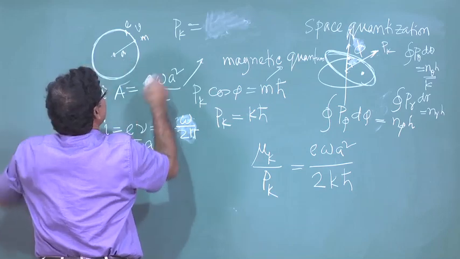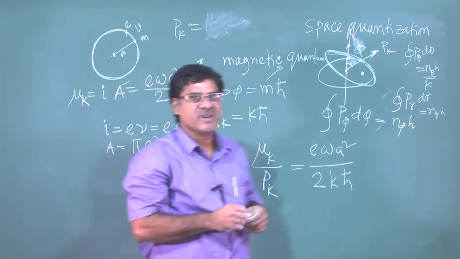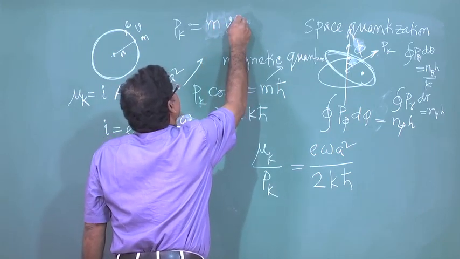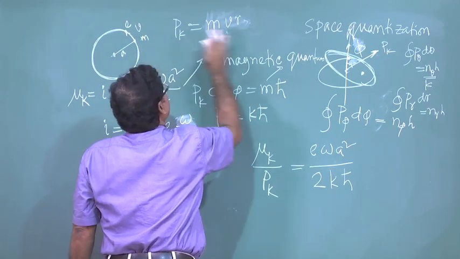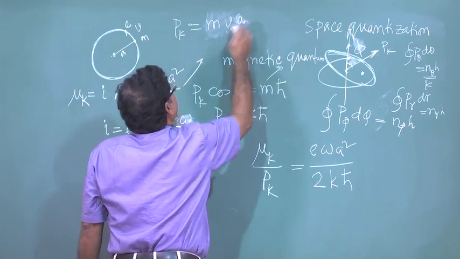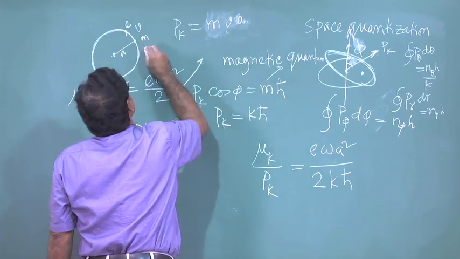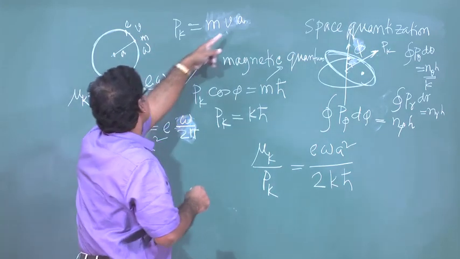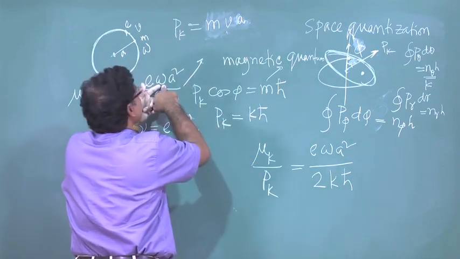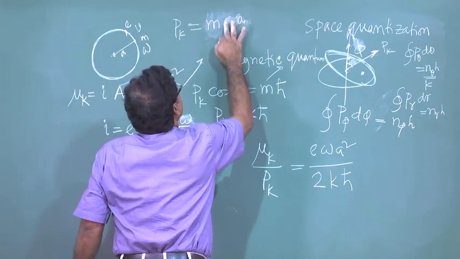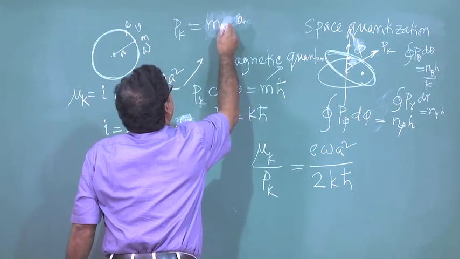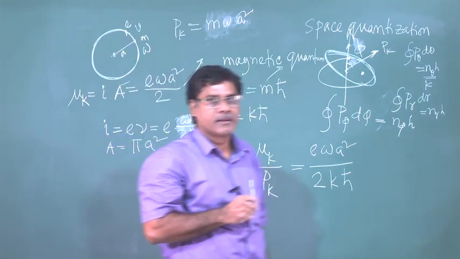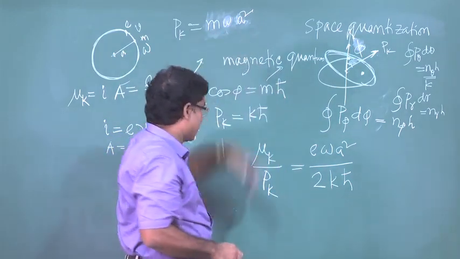pk one can write as angular momentum. What is angular momentum? mvr, right? Mass into v into r. Here r we have taken as a, and since we have considered angular velocity omega, v equal to omega r, or omega a. So, basically pk equal to m omega a square. Because I have to use the same parameters, pk equal to m omega a square.